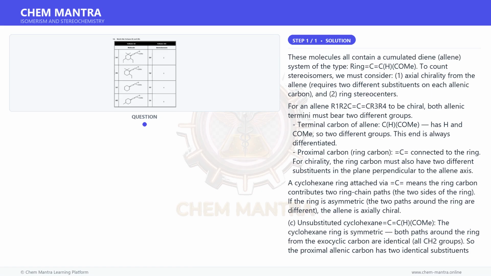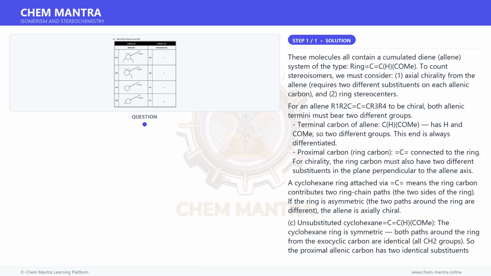Re-examining structure A. The cyclohexane has the allenic substituent at C1. Gem-dimethyl at C1 is impossible. Looking at the image description again, the gem-dimethyl appears to be at the same carbon as the allene attachment. Since that's impossible for an sp2 carbon bearing a C=C, the gem-dimethyl must be at C1 of the ring where the exocyclic double bond creates a spiro-like, or the carbon is sp2 with the 2 methyls.